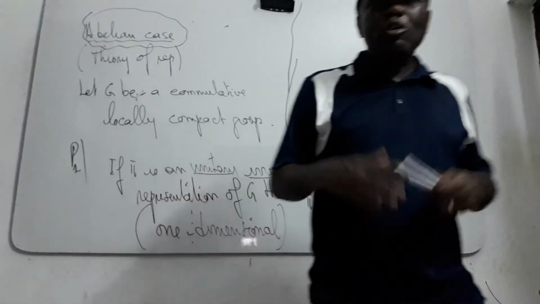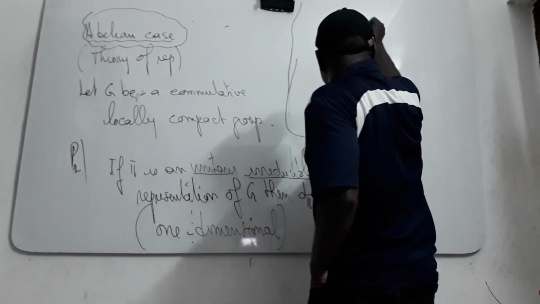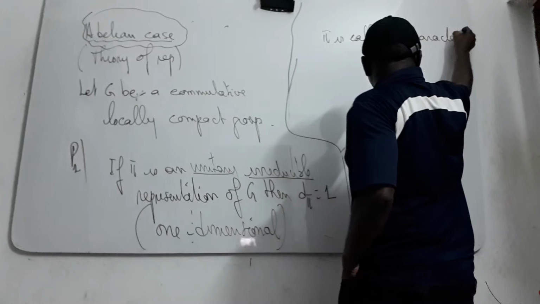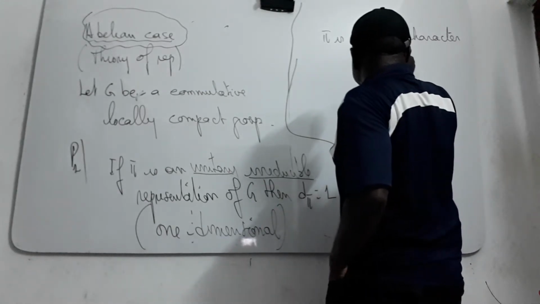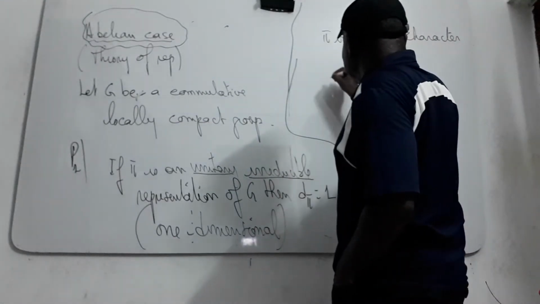And this kind of map, you call it a character. Pi is called, in this case, a character of G.